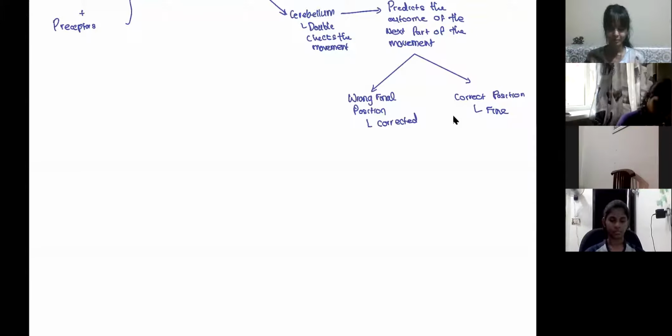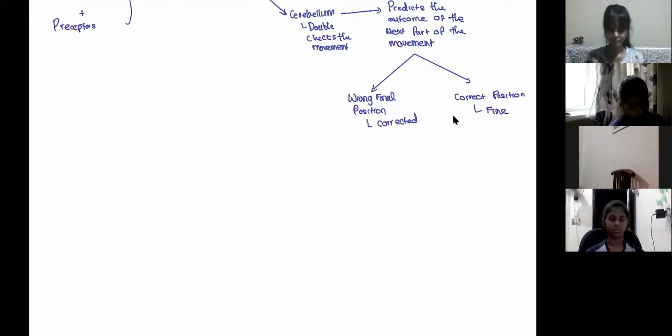So our cerebellum now knows when it's at this point, it's in the wrong position. So it tells the brain back up and bring it to the correct place. So when you try to do this, the cerebellum knows it's at the wrong position, so it tells the brain back up and bring it to the correct position. Do you guys understand this?